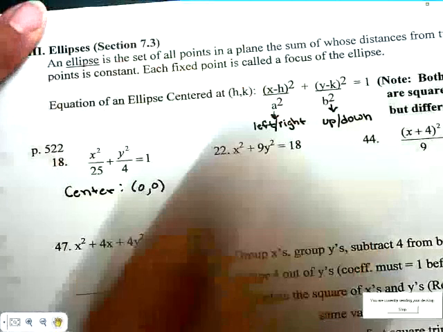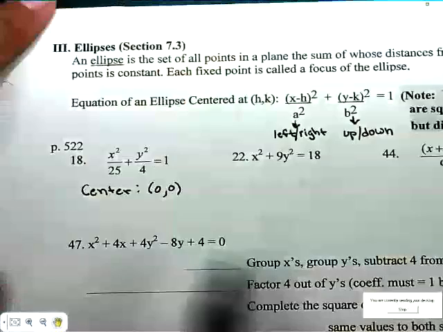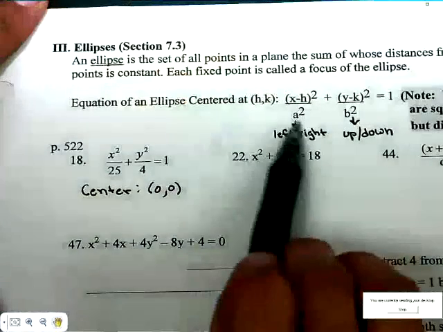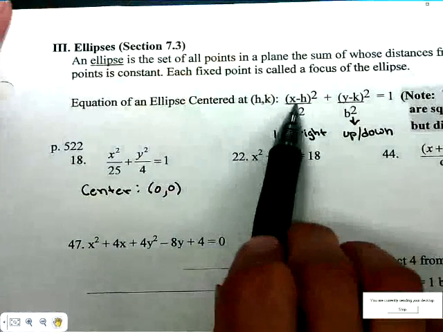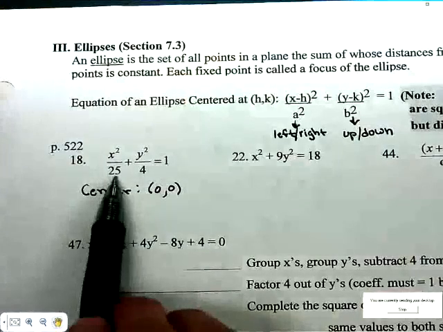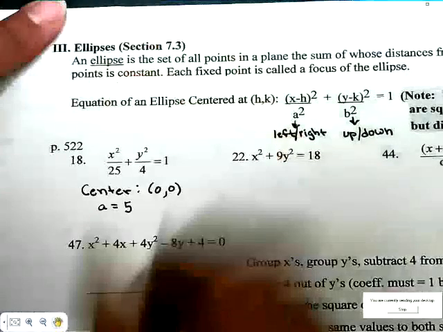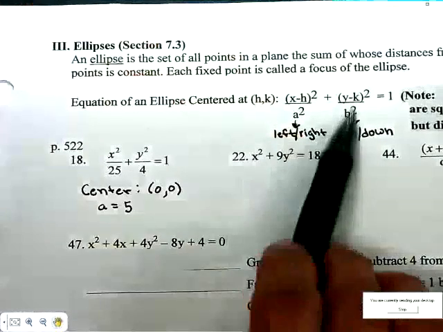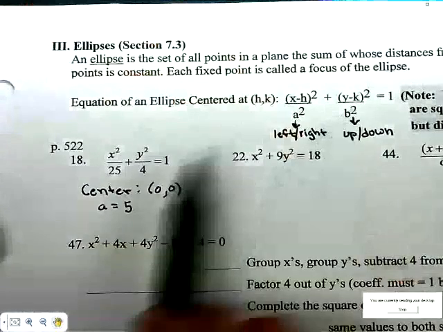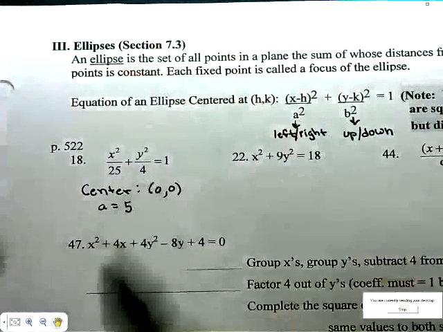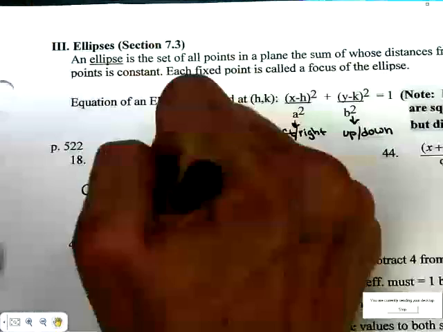But a, notice a squared is in the denominator of the x term. a squared is 25. That means a is 5. And b squared is in the denominator of the y term. So b squared is 4. That means b is 2.